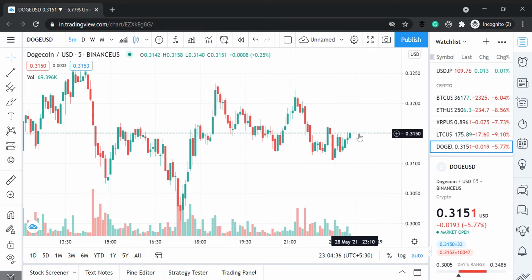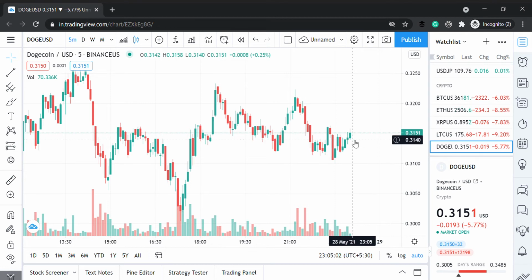But if the closing part of the candle is below the half size of the candle, somewhere near here, just below the half of this particular candle, therein we can predict that the downtrend will start soon.